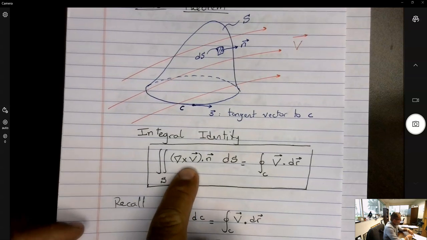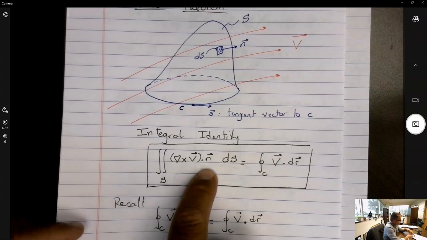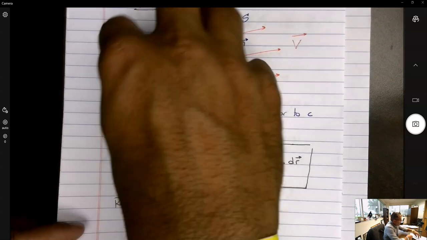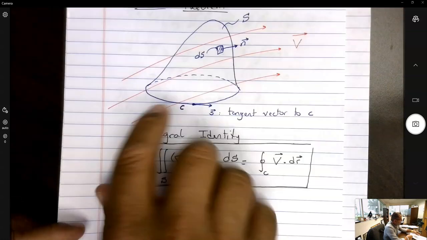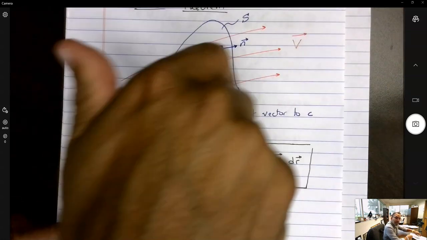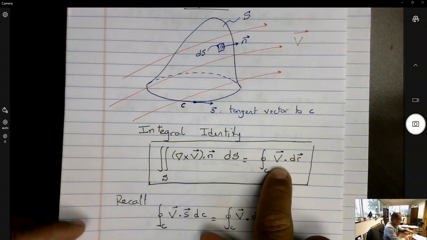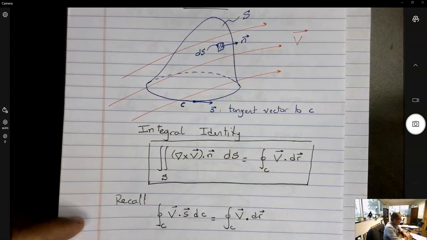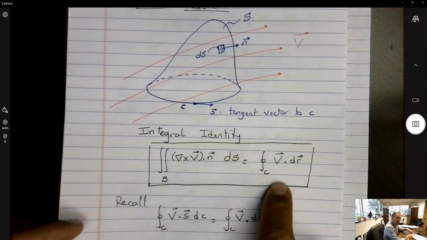So now we're talking about the rotation of that velocity field, dotted into the normal vector. So the total quantity of rotation of the vector field dotted into the normal vector, integrated over that open surface, is basically the amount of rotation that the velocity field induces on that surface. That can be equated to the amount of velocity that actually circulates over the bounding line of that surface. So that's just the circulation. So the rotation equals the circulation.